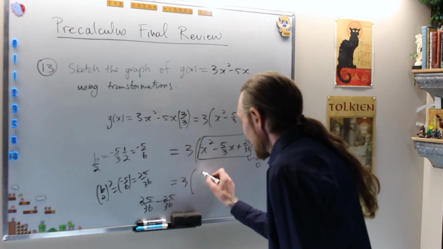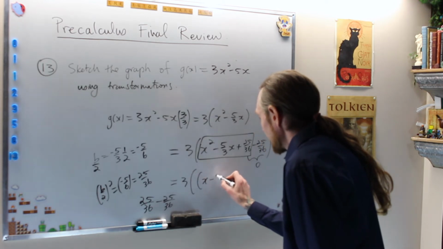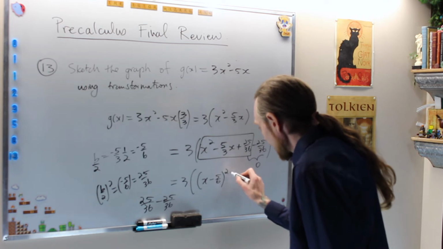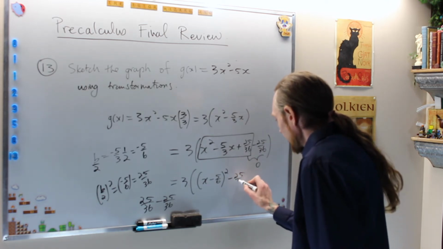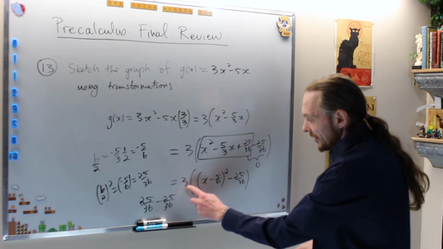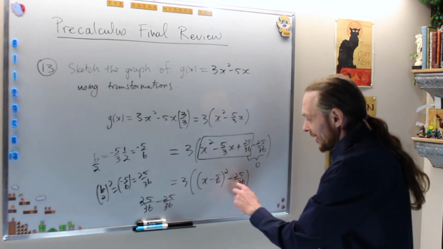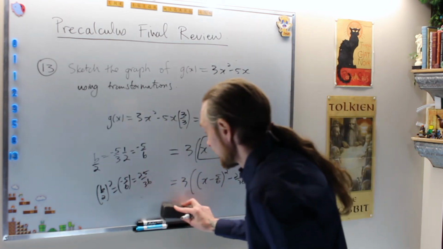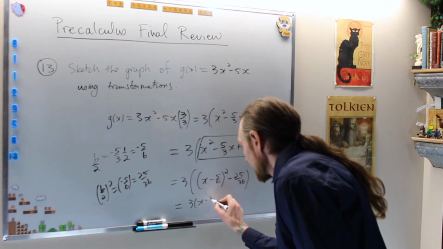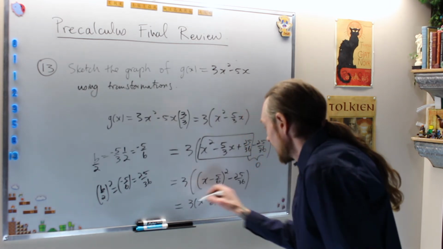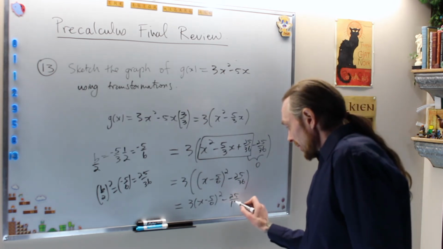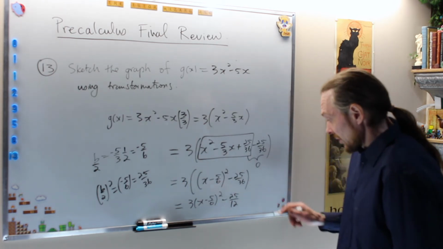Equals 3 times x minus 5 over 6, b over 2, all squared, minus 25 over 36. Finally, be careful, this 3 distributes onto everything, and we will get what this shift is. This gives us 3 times x minus 5 over 6 squared minus 25 over, we cancel a 3 in there, we're going to get 12. 3 over 36 is 1 over 12.